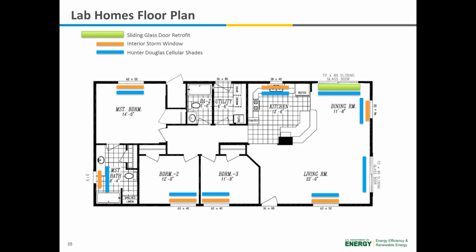This was to reduce infiltration, reduce solar heat gain, and all the light effectively coming through that window. So if you look at the other sliding glass door here, this one did not have interior storm windows retrofit on it, and that comes into play when we look at some of the savings, because this is facing west, and when the sun sets, we'll get a lot of solar heat gains associated with this. So we'll talk about that a little bit later.